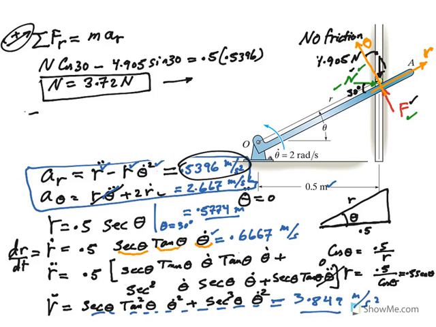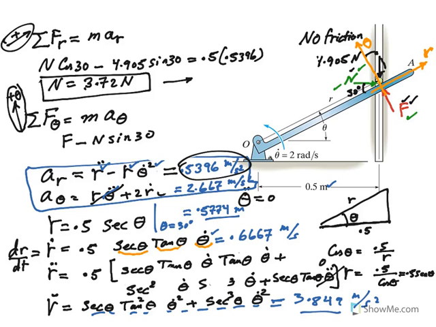Now, the next thing I want to do is to look at forces in the transverse direction equal to mass times transverse acceleration. So, in that direction, I have F. By the way, this is the positive transverse direction, positive theta. Okay, how much of N falls into the transverse direction? It happens to be N sine 30, and that would be in the negative direction.